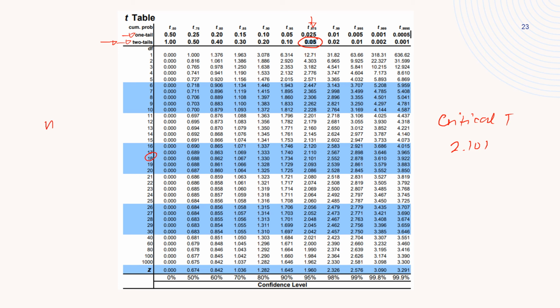Again, that would be n plus n minus 2, so n of A plus n of B minus 2. That's 10 plus 10 minus 2, which comes down to 18. So our degrees of freedom is 18. All you have to do is look at the intersection of the two, and you have your critical value, which is 2.101.